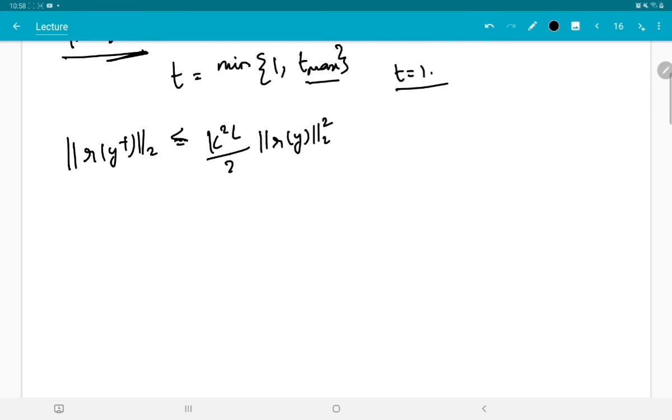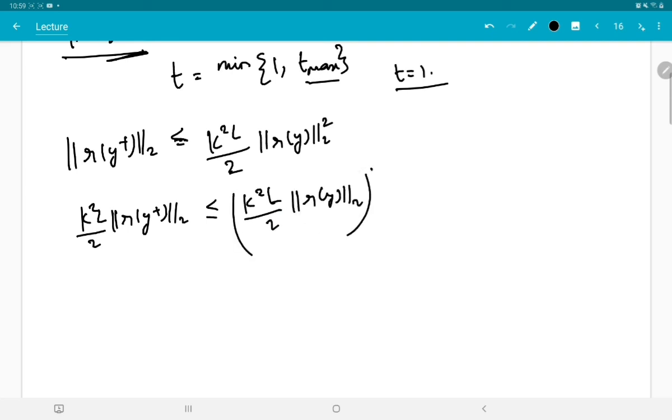So this is for one update. For multiple such updates, if I just multiply with k square L by 2 on both sides, I have k square L by 2 ry plus less than or equal to k square L by 2 ry, whole square.